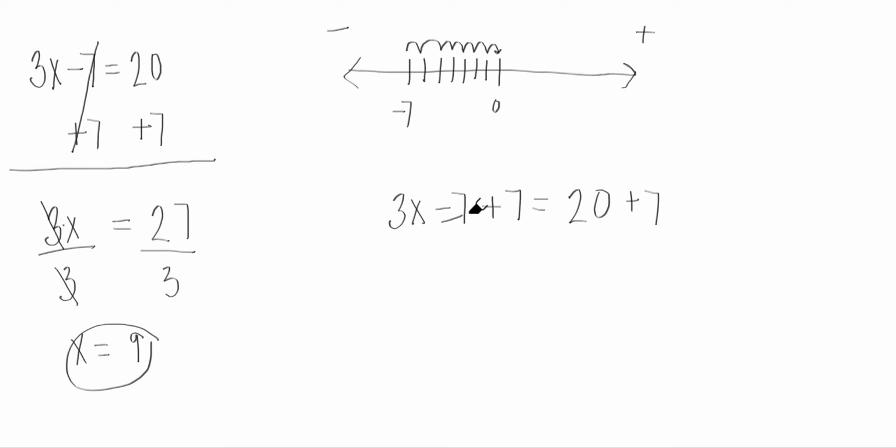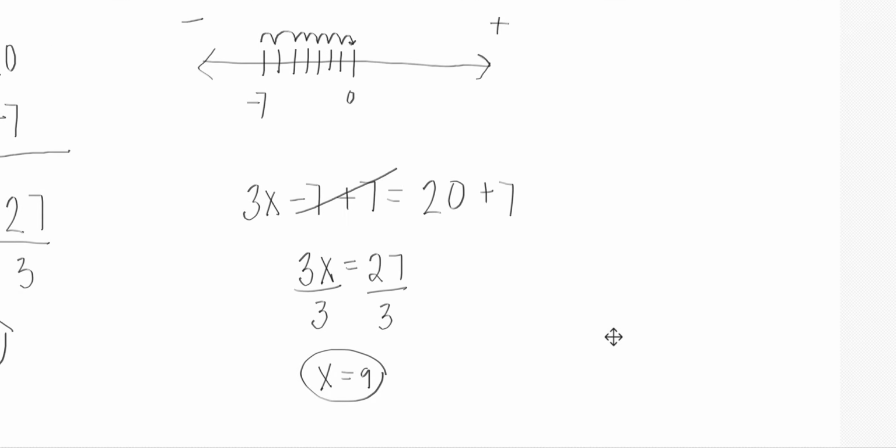And then here they cancel out. Negative 7 plus 7 is 0. So you just get 3x is equal to 27. And then divide both sides by 3. x is equal to 9. So either way, either case, it's the same idea.